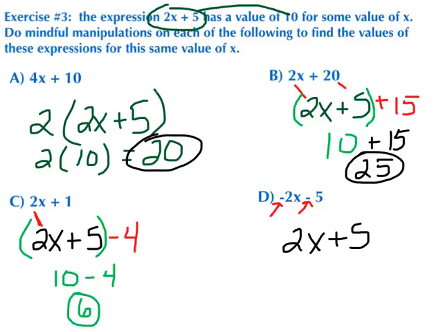So what do I have to do to this 2x plus 5 to change its signs? Well, if you said multiply by a negative 1, you'd be absolutely correct. So I'm going to say negative 1 times 10, which is going to give me an answer of negative 10.